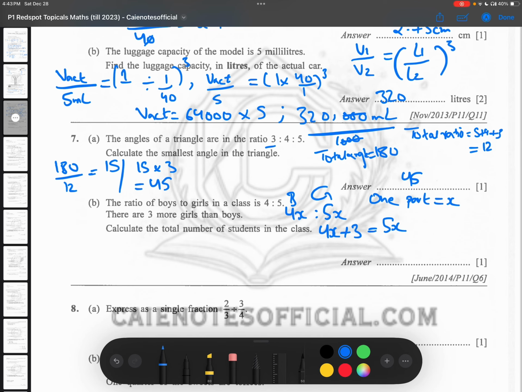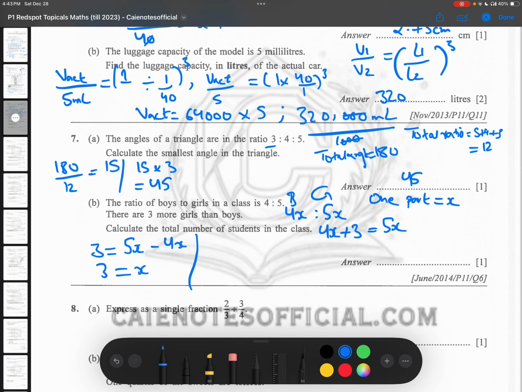Okay, now we can solve this equation. So 3 remains at its place. 4x gets moved to the right side of the equation. It gets subtracted from 5x. So 3 is equal to 5x minus 4x, which is x. So this x means the quantity in one part.